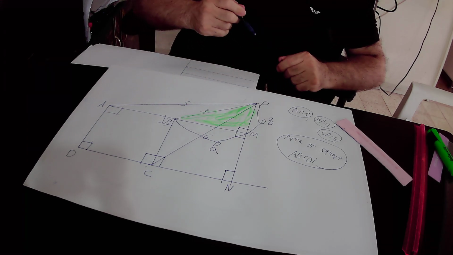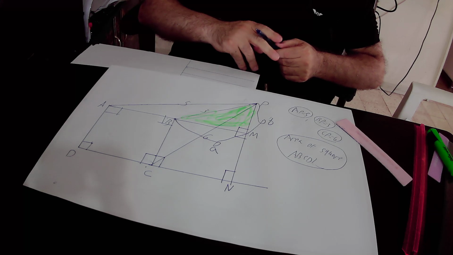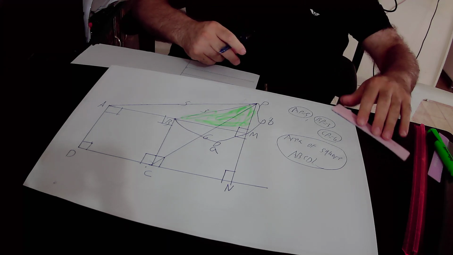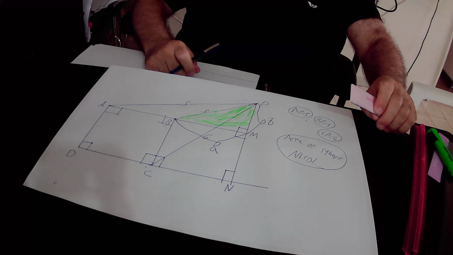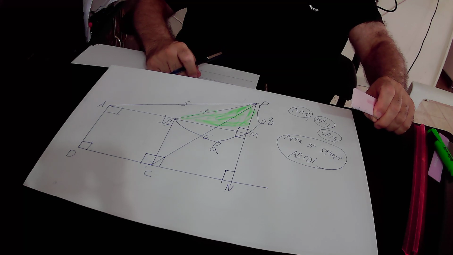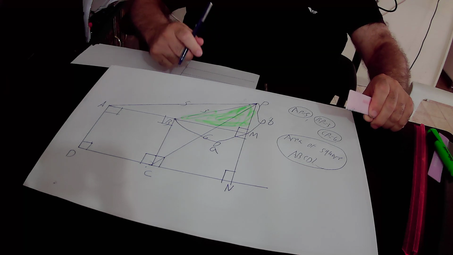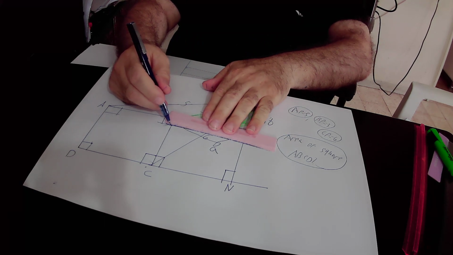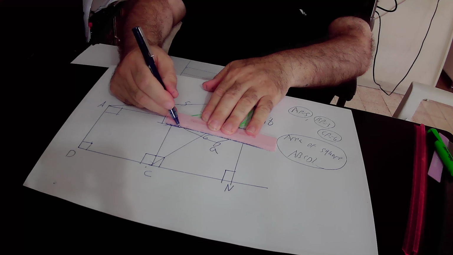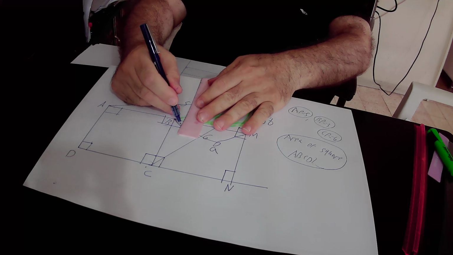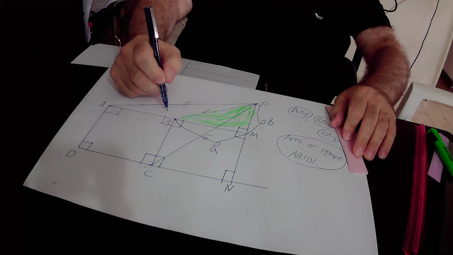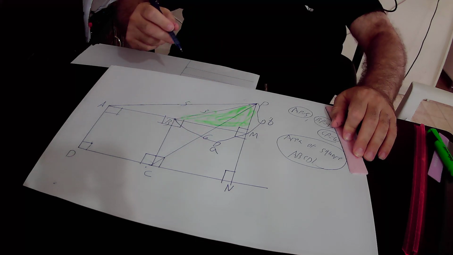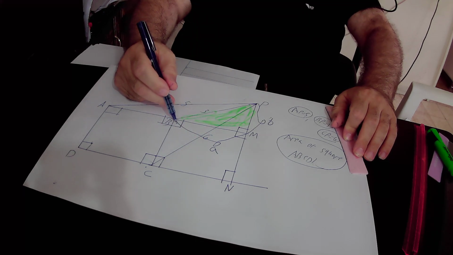The sum of three right angles is 270 degrees, and according to the rule that the sum of the angles in any quadrilateral is equal to 360 degrees, the fourth angle must also be equal to 90 degrees in order to complete the sum of the angles in quadrilateral BMCN to 360 degrees.